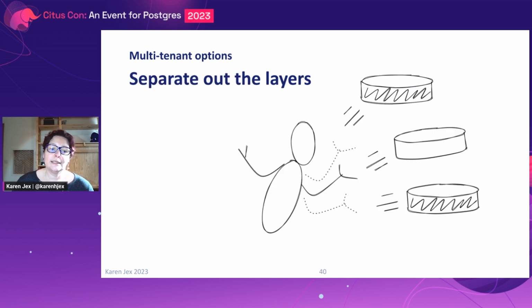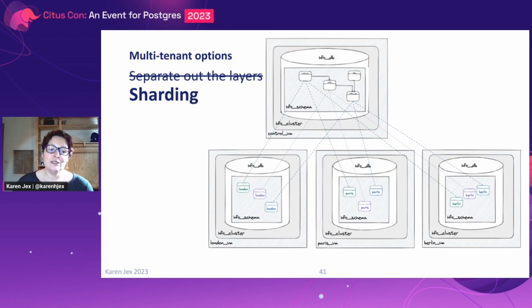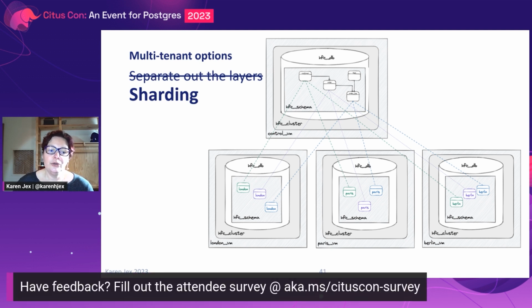We could go back to the idea of having a layered cake, but we could separate the layers out and send them to different places. I'm probably taking the cake analogy slightly too far now. But I'm using this to indicate the idea of sharding. So sharding is an extension to the idea of partitioning, but the partitions, instead of all being in the same cluster, are sent off to different clusters.